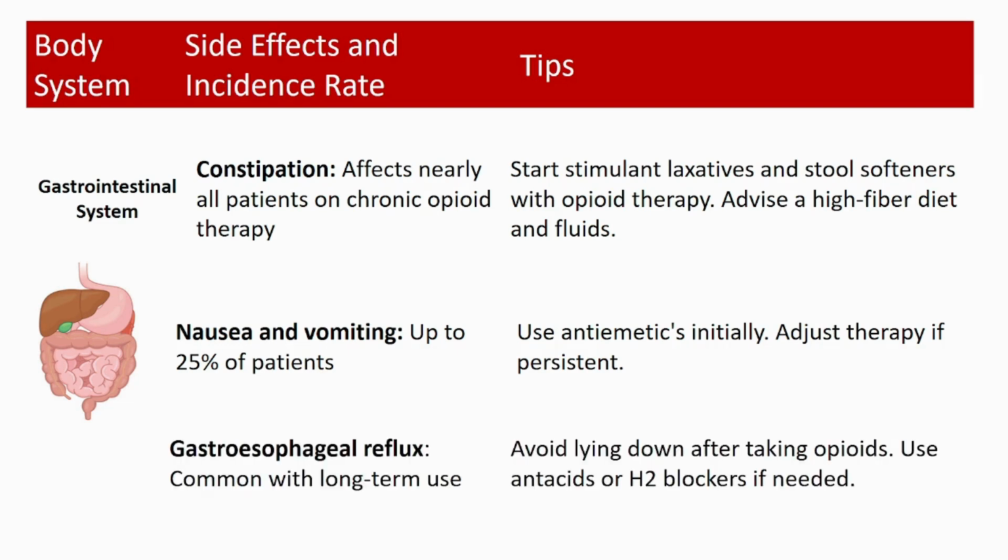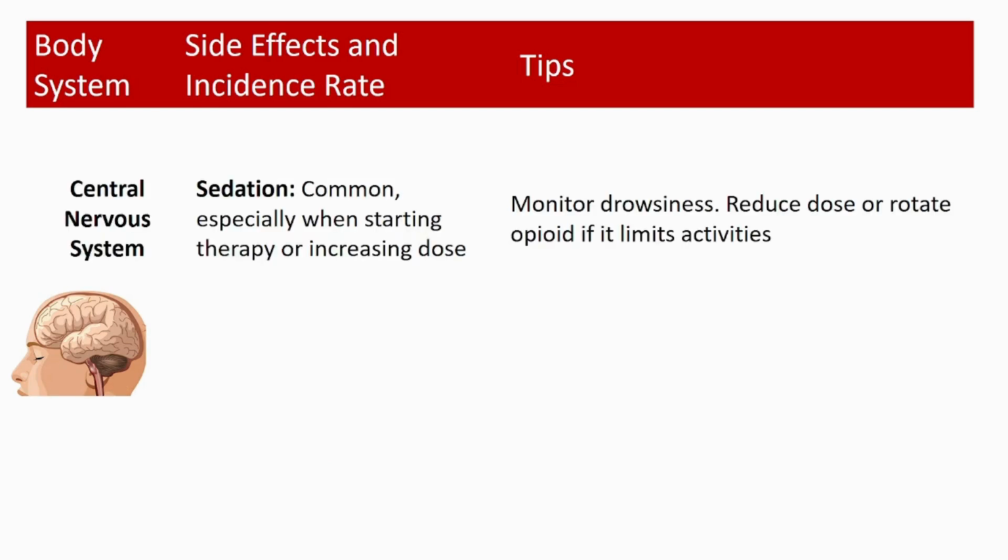Next, gastroesophageal reflux can increase. In some cases, you can recommend an antacid or H2 receptor blocker with long-term use of opiates. CNS side effects include sedation, especially when starting therapy or increasing the dose. It causes drowsiness.